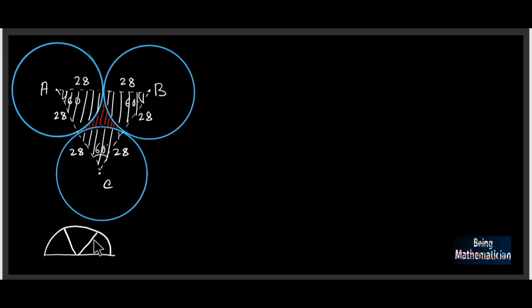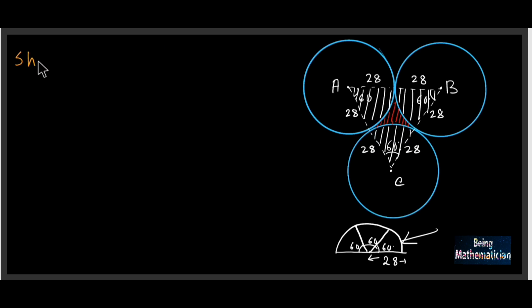Adding these 3 sectors, 60, 60, 60, we get a semicircle of radius 28. So if we subtract the area of this semicircle from this triangle ABC, then we get our shaded region. So let's do it.